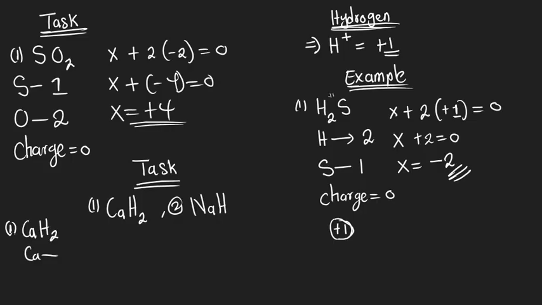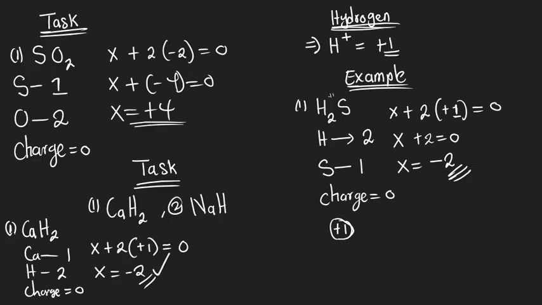So let's find the first one first. Calcium 1, hydrogen 2, charge 0, but we know that hydrogen is going to have a net charge of +1. So this is going to be x plus 2 multiplied by +1 equal to 0. So -2. Okay, correct.